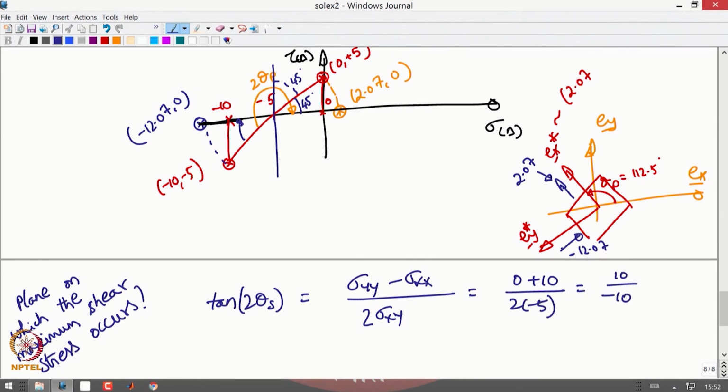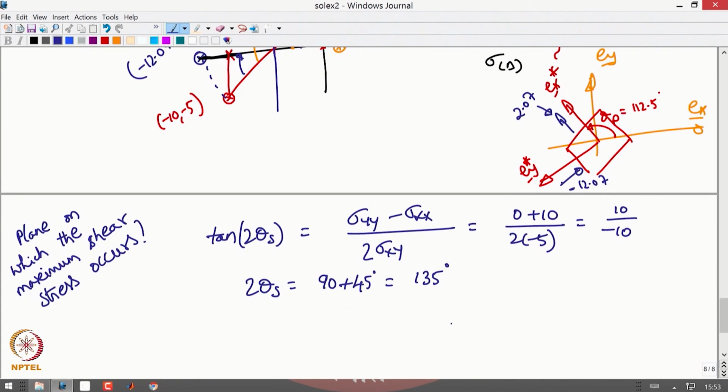Now, the denominator is negative, it means you have to be in the second quadrant, which means 2 theta s is going to be 90 plus 45 degrees, which is 135 degrees. Okay. So, this implies theta s is going to be 135 degrees divided by 2, this value is 67.5 degrees.